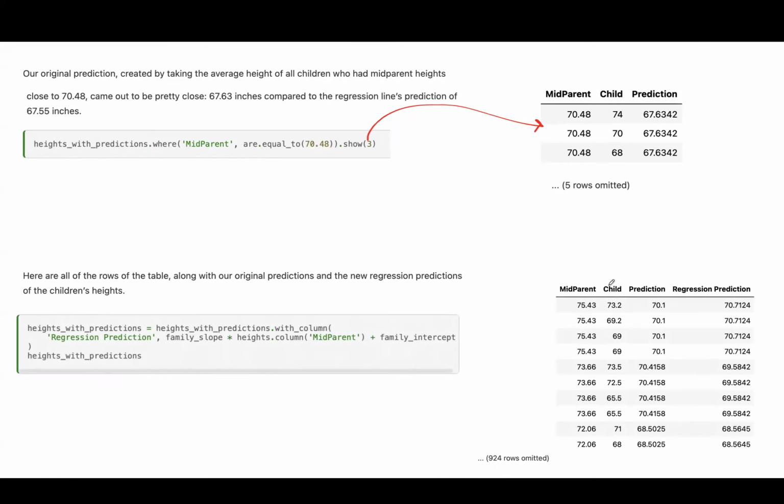You have the mid-parent, you have the child, you have the prediction, and you have the regression prediction. So comparing the child with the regression prediction: 73.2, 70.7, 69.2, 70.7, 69, 70.7, 73.5, and 69.58, and so on.